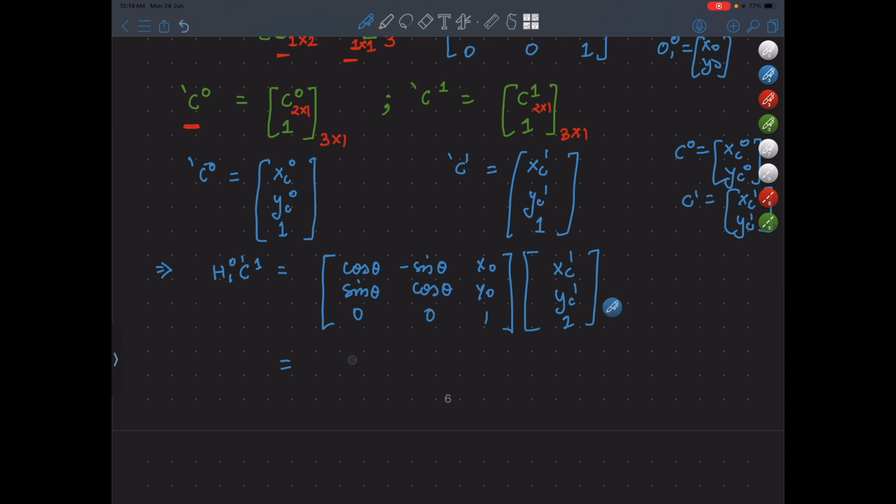What will the first row be? x C1 cos theta minus y C1 sin theta plus x naught, since x naught multiplied by 1 gives x naught. Similarly, x C1 sin theta plus y C1 cos theta plus y naught. And at the bottom, 0 multiplied by this is 0, 0 multiplied by this is also 0, and 1 multiplied by 1 is 1. So at the bottom we get a 1.